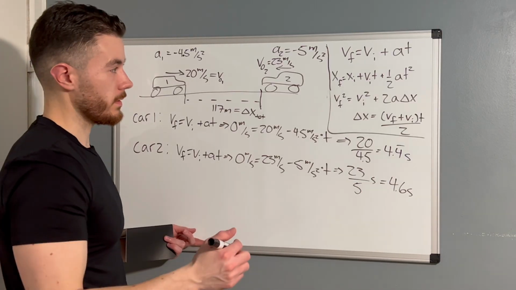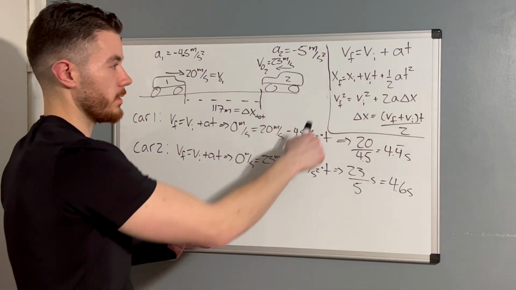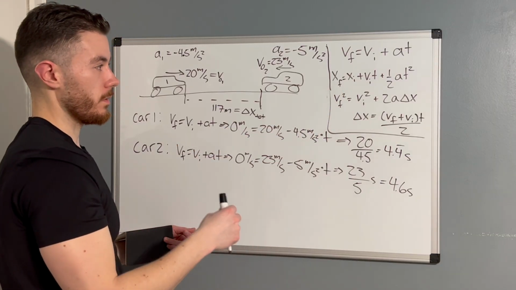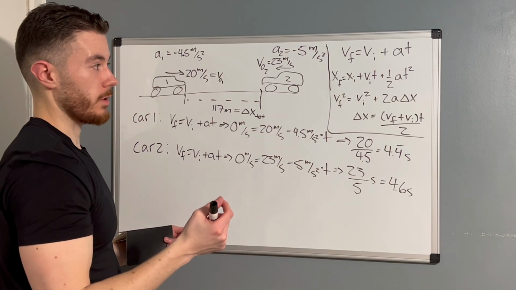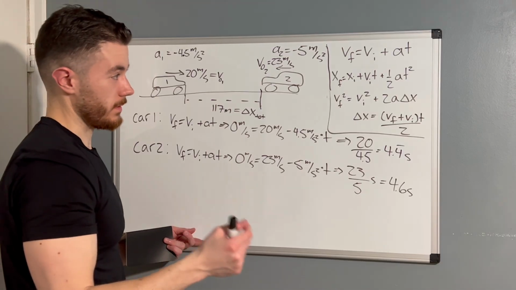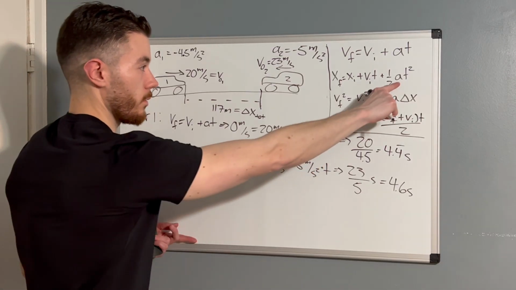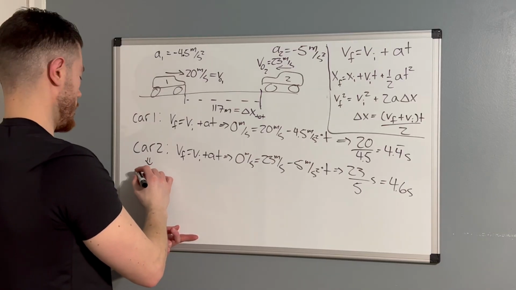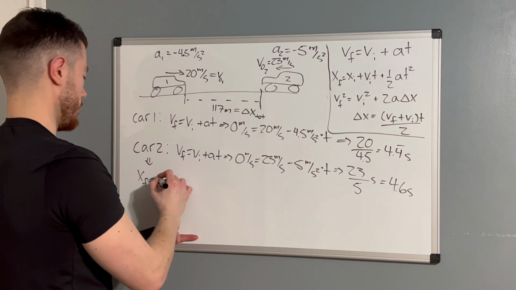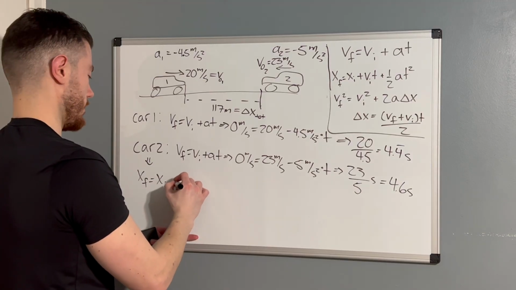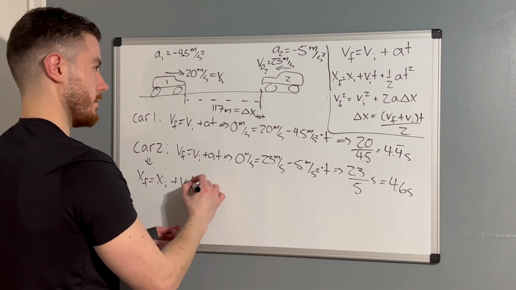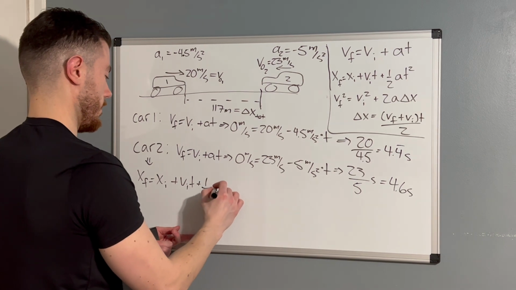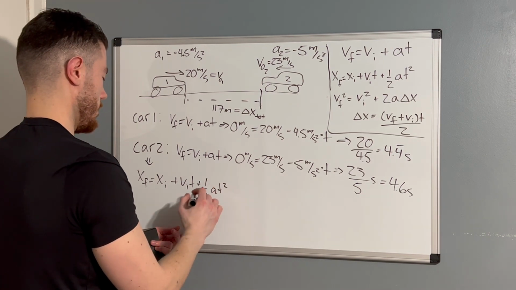To calculate the distance, we can use equation 2, and during those 1.1 seconds, it's traveling at a constant velocity, meaning its acceleration is 0. So this term will go to 0. Still for car 2, we have xf equals xi plus vit plus 1/2 at squared.